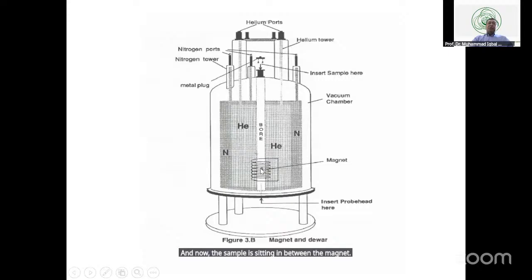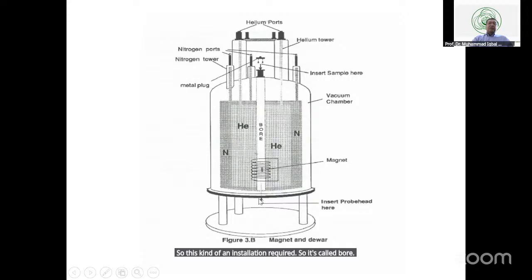It is at room temperature. Liquid helium is minus 270 Kelvin. It is just a centimeter away from liquid helium, and the temperature difference is just huge. So this kind of insulation is required. It is called the bore.